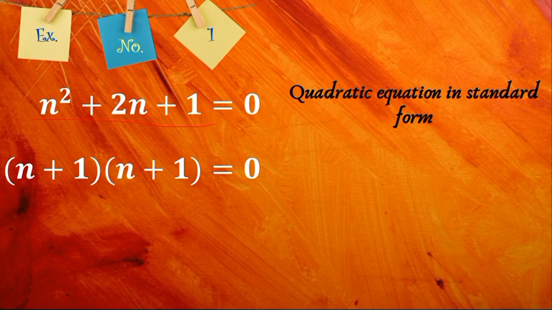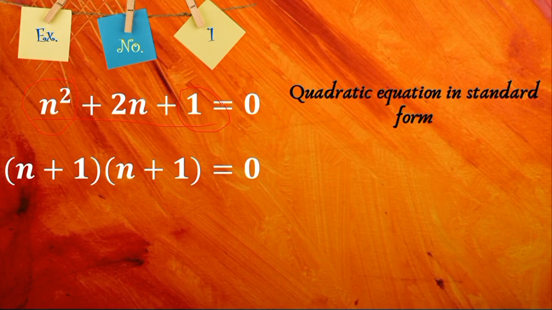The first term, n squared, can be factored out as n and n. Now, all you have to do is to consider the last term, which is 1. What are the two numbers such that when you multiply them, will give you a product of positive 1, but when you add them, it will give you a sum of positive 2?